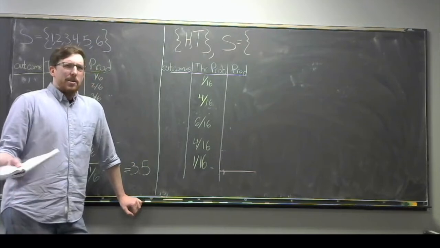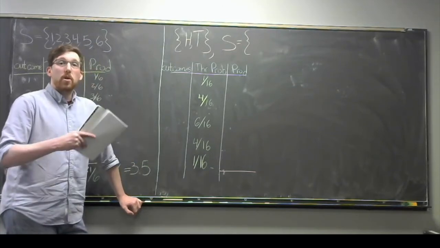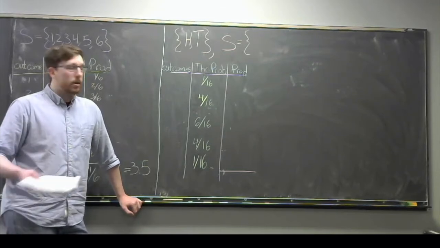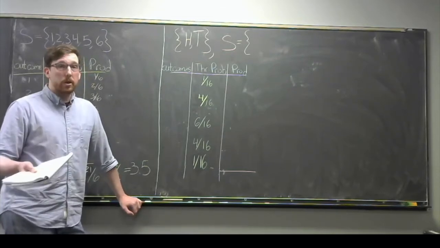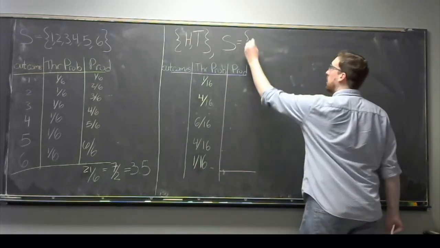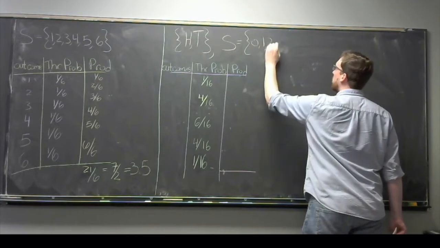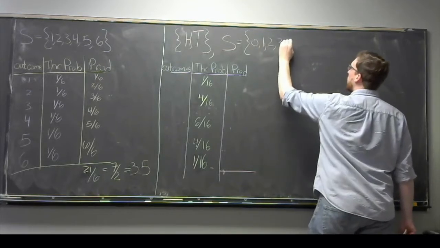So heads, tails isn't really our sample space here. Our sample space is the number of times we land on a head. The number of times we could do that would be 0, 1, 2, 3, and 4 times.